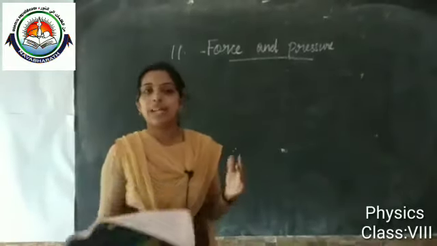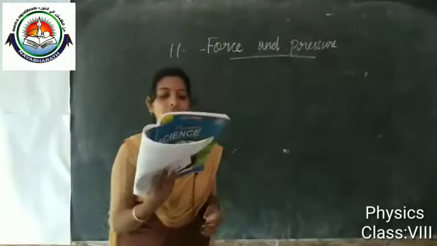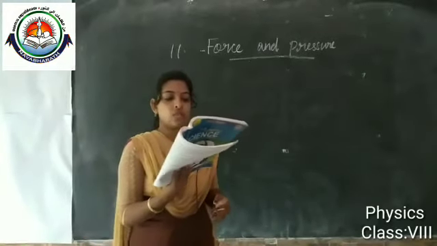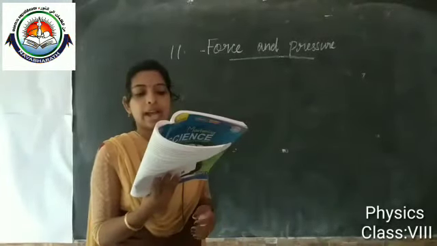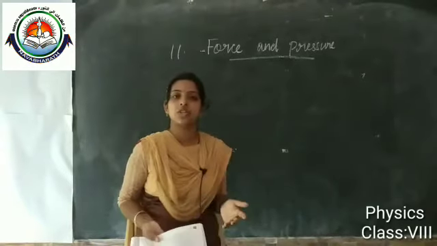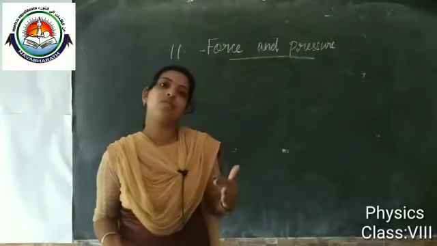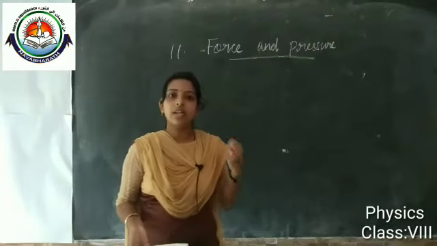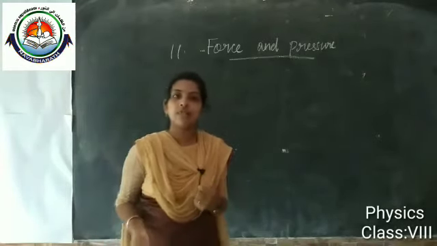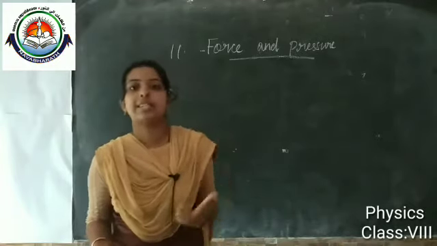Then the third part questions, very short answers. What is the resultant force when two equal forces act on an object in the same direction? In this chapter we already learned that resultant force is the total amount of exerted force.